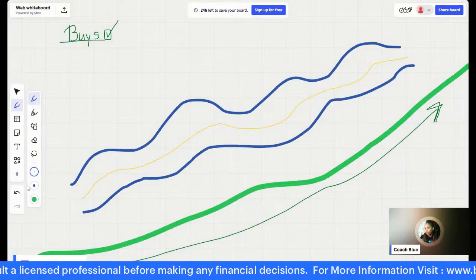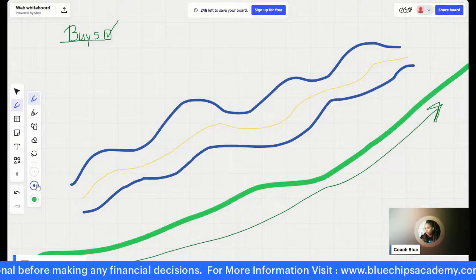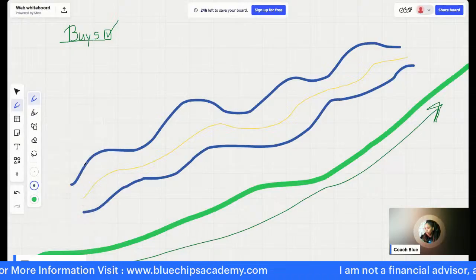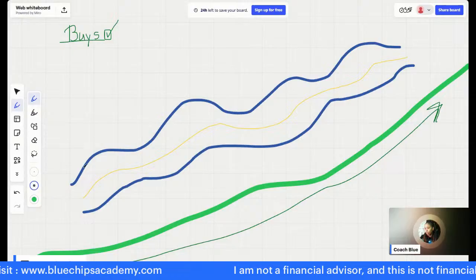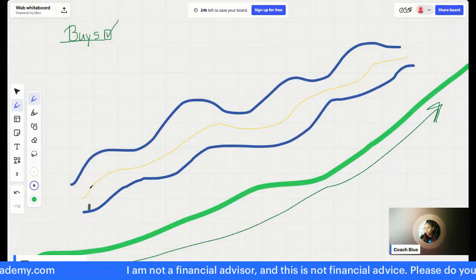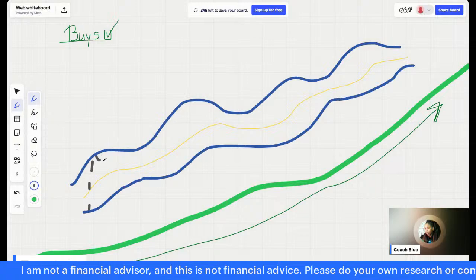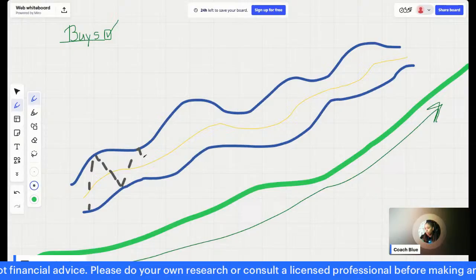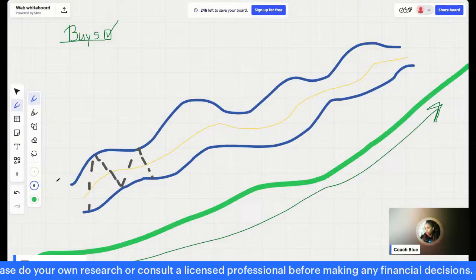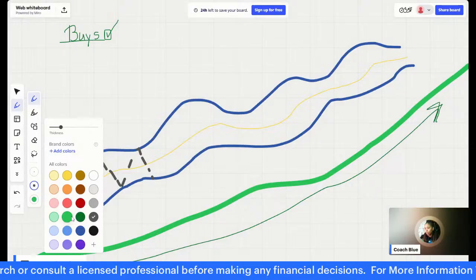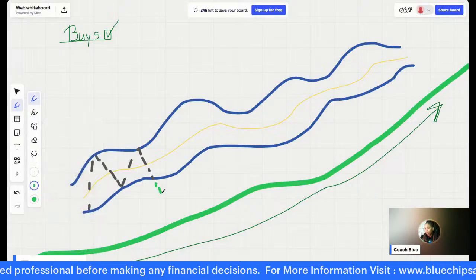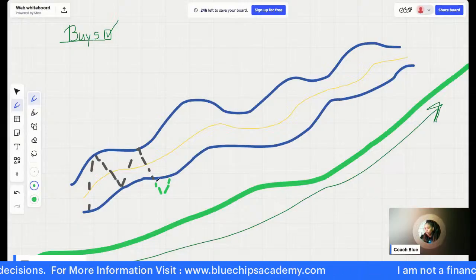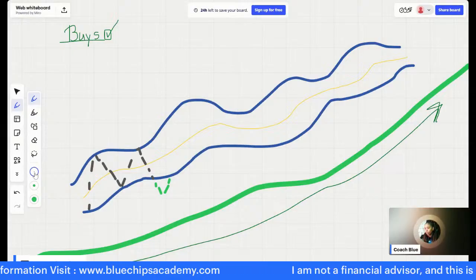We'll see a tendency of the candles, and I'll make these candles gray for now because I want to show a distinct color that's going to be happening. We'll get some candle action like this, and then price will come outside of the Keltner, and that's where we look for our entry.